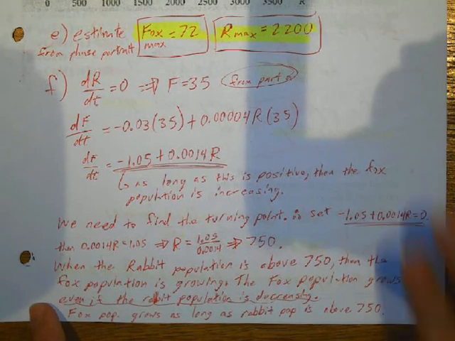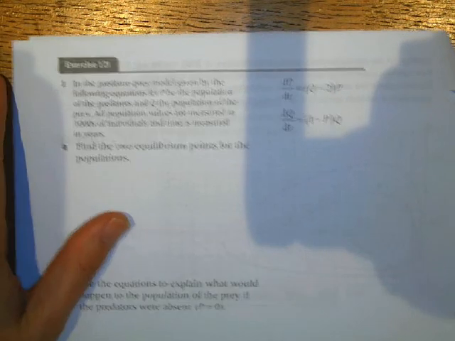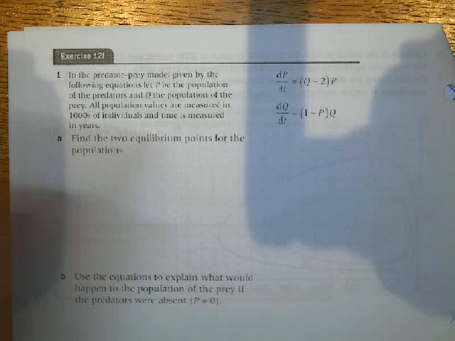Okay, so now let's do the examples based on his video. Here is the lesson for example 12I. It says find the two equilibrium points for the populations.